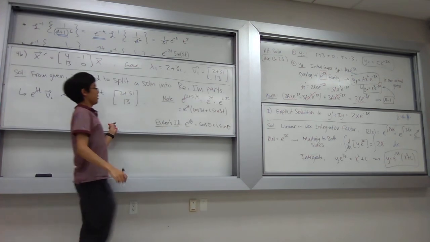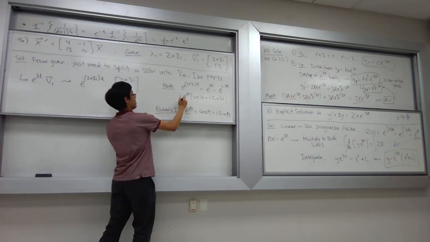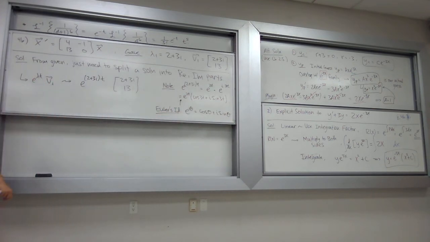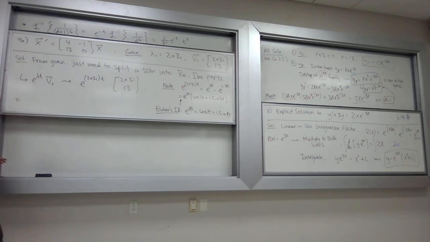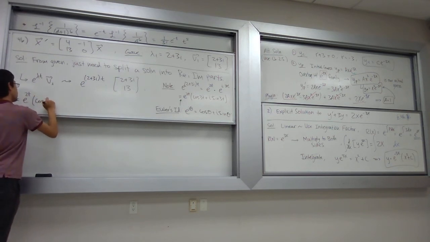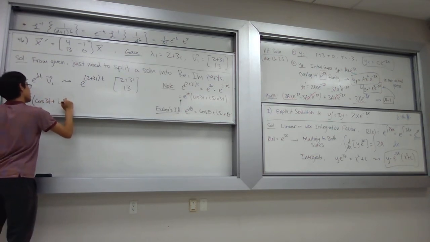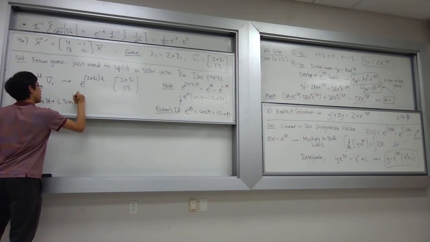That's what we're using right there. So we use that to split this up. The real exponent will just multiply out in front, always, so just keep that on its own. We have cosine 3t plus i sine 3t.